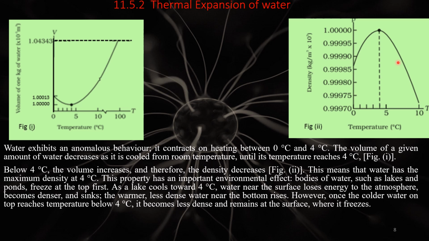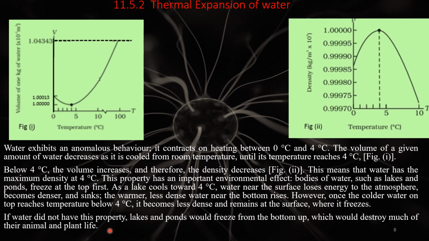As the lake cools towards 4 degrees centigrade, water near the surface loses energy to the atmosphere, becomes denser and sinks. The warmer, less dense water near the bottom rises. However, once the cold water on the top reaches a temperature below 4 degrees, it becomes less dense and remains at the surface where it freezes.